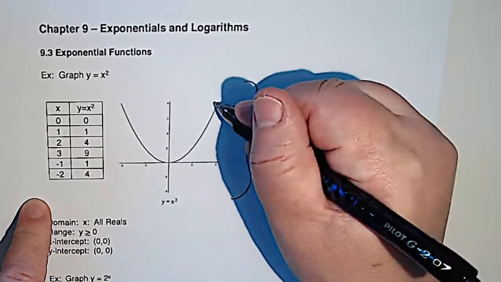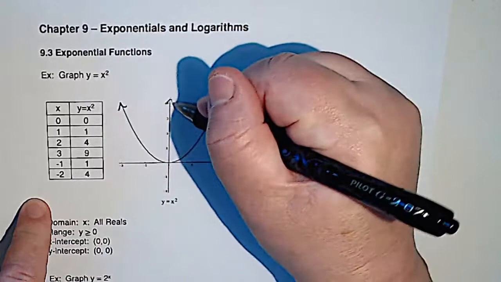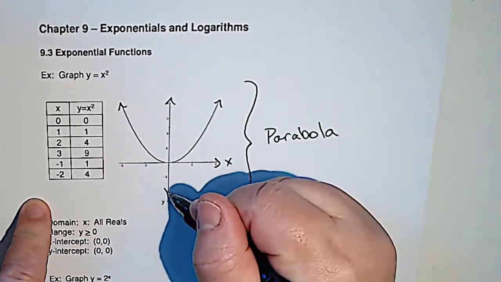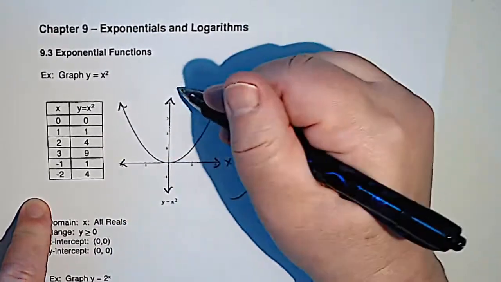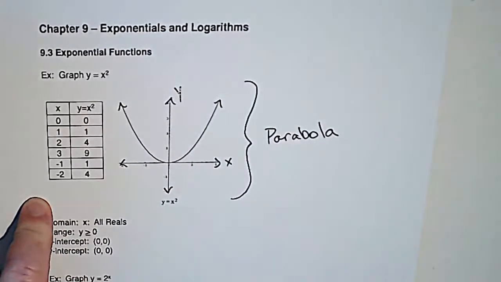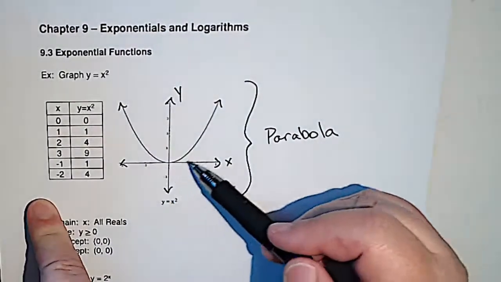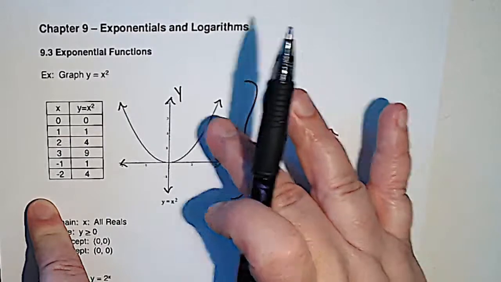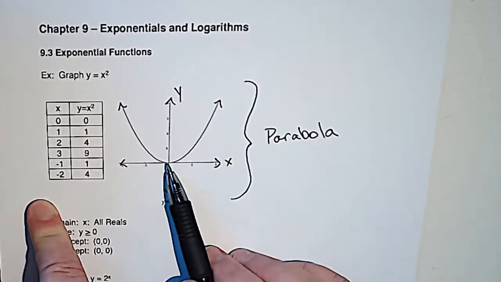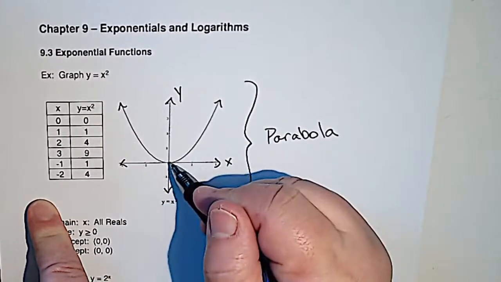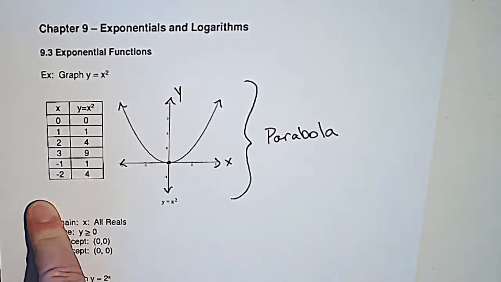So the graph is going to appear entirely up here in the first and second quadrants, and also right there at the origin on the x-axis.